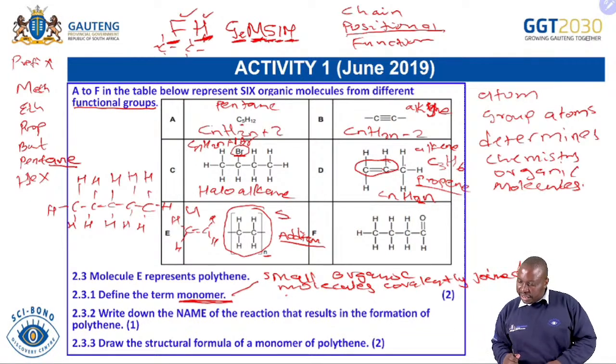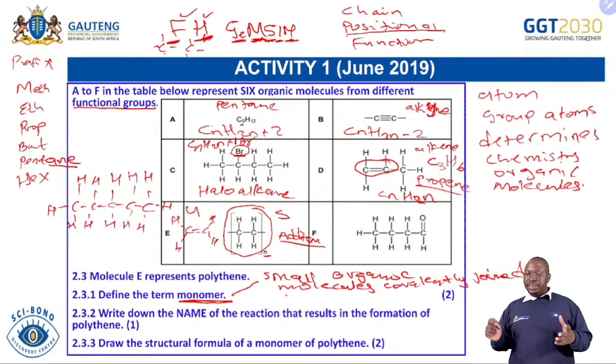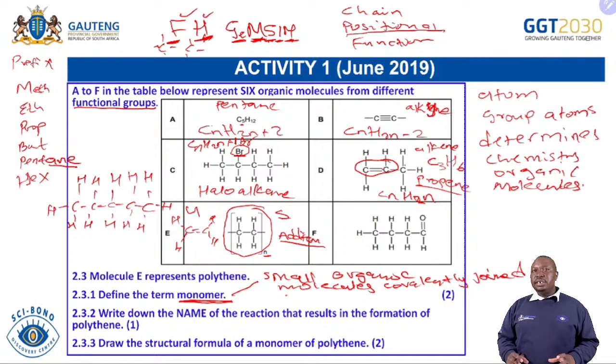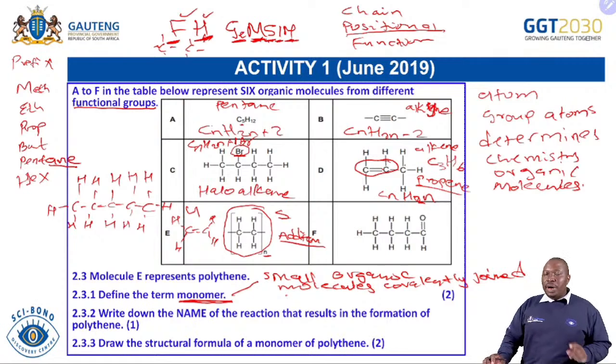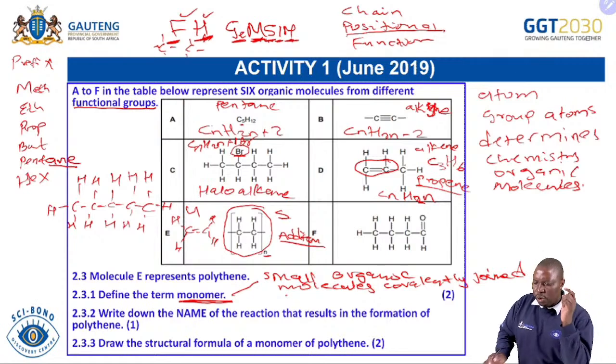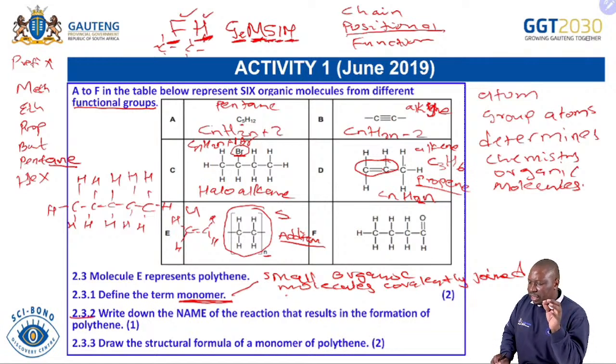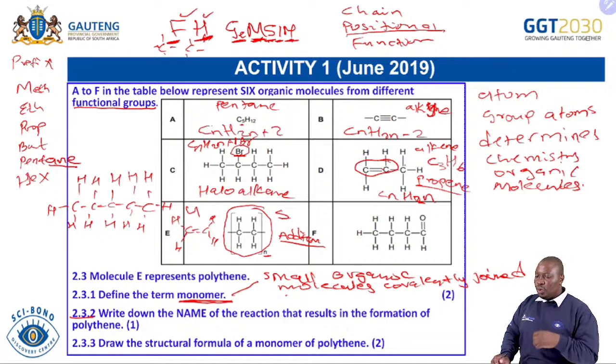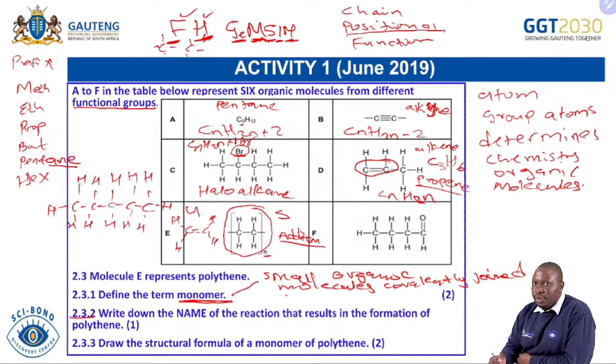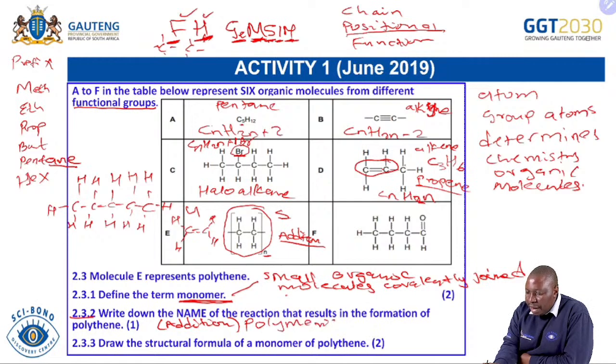Write down the name of the reaction that results in the formation of the polyethylene. We said it's addition, but this addition is polymerization. So when you are writing the answer for question 2.3.2, that says write down the name of the reaction that results in the formation of polyethylene, you can't just say addition. During marking we usually put addition in brackets to say yes, it's addition, but the main answer we want is polymerization.